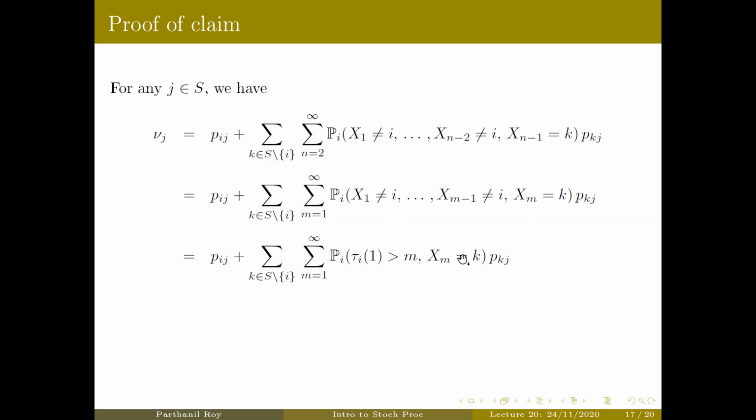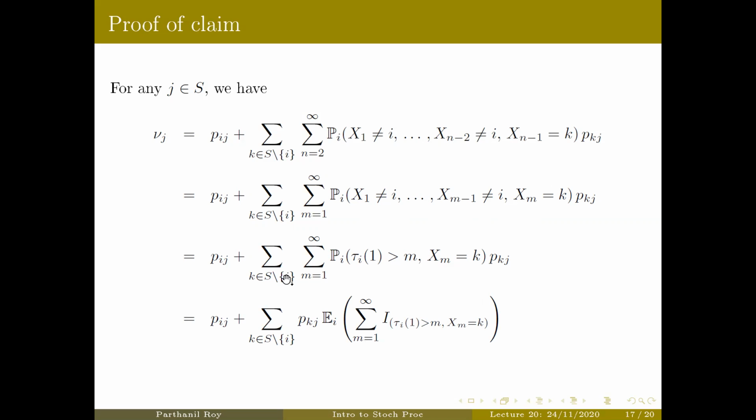This is basically what we have done before. τ_i1 bigger than m just means x_1 cannot be i, x_2 cannot be i, all the way up to x_{m-1} cannot be i. Also x_m cannot be i, but x_m is already k here, so that has already been ensured. So you have to ensure that these are all not equal to i. So these two events are the same.